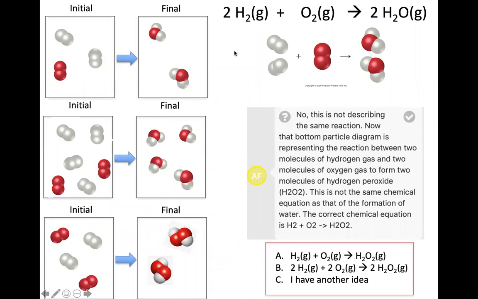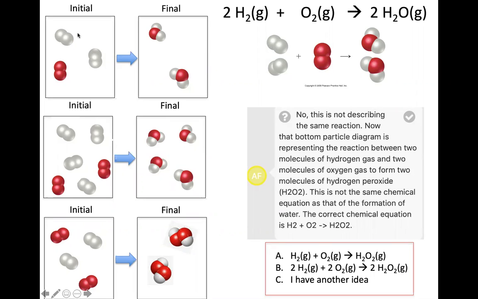Okay. So as far as the consensus here, about half the class is saying that A would be the correct expression. And we're right at 50% on that. And 50% are saying, no, it should be either B or you might have a different idea.